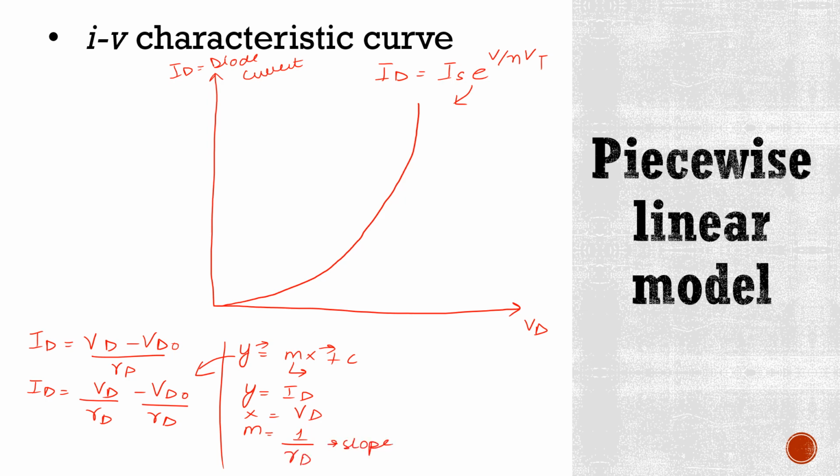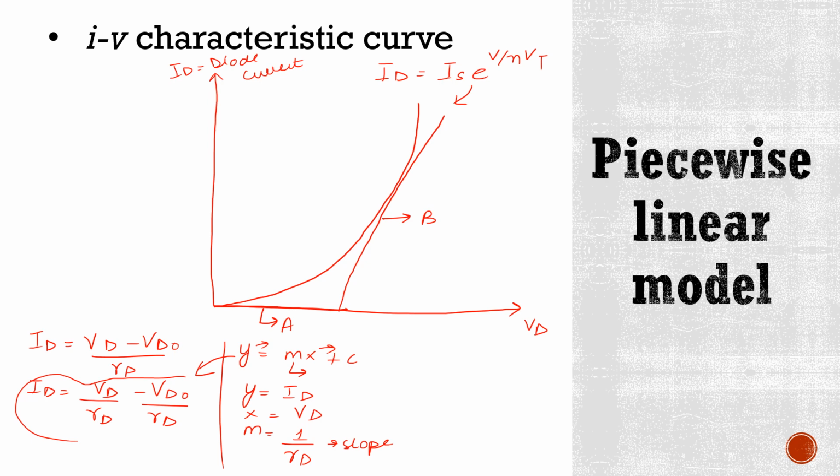So how are you going to draw this relationship on this IV plane? It is drawn something like this. This is the first straight line A and this is the second straight line B. I have mentioned earlier that this piecewise linear model is used for the approximation of the exponential curve by straight lines.